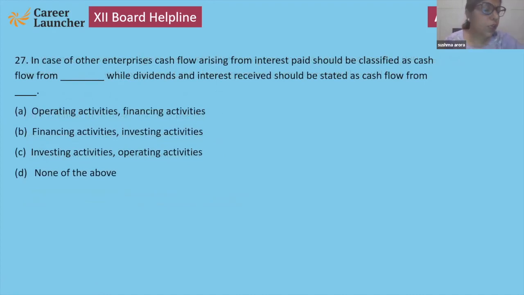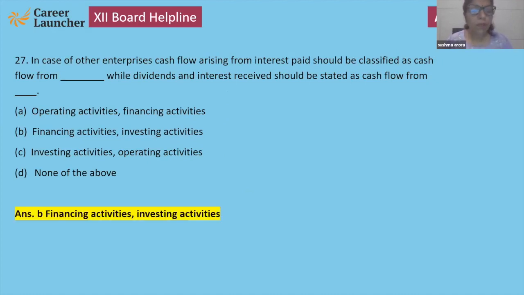In case of other enterprises, cash flow arising from interest paid should be classified as cash flow from dash, while dividend and interest received should be stated as cash flow from dash. Yes. Dividend, interest paid, financing; dividend and interest received will be investing.